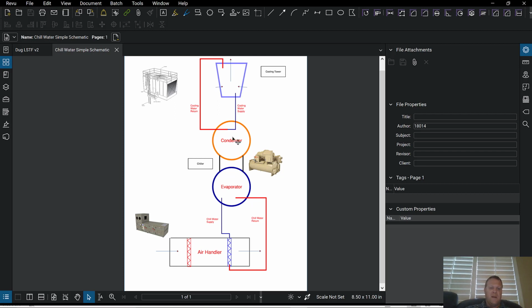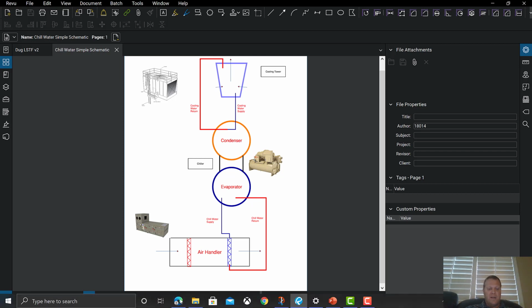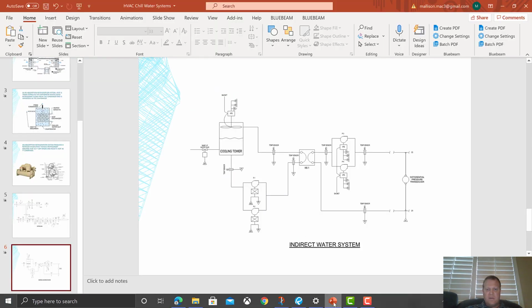But imagine another water to refrigerant interface there. So we've got, kind of going back to that schematic that I had here. Where is it?